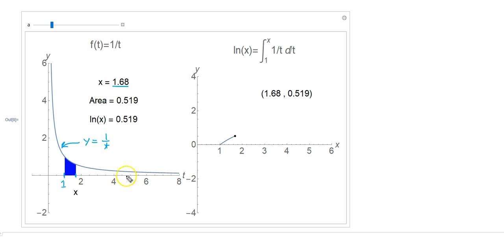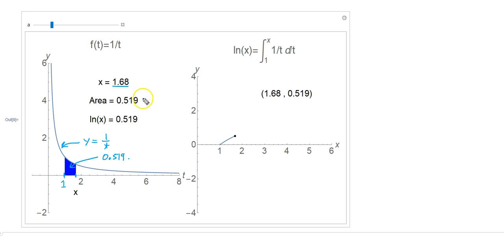We're going to let this slide along the x-axis, and we're going to see what happens to the graph of the natural logarithm. Now for x larger than 1, the natural logarithm of x is the area of this blue shaded region. Currently, with x being 1.68, the natural log of 1.68 is equal to 0.519. So this area is 0.519.